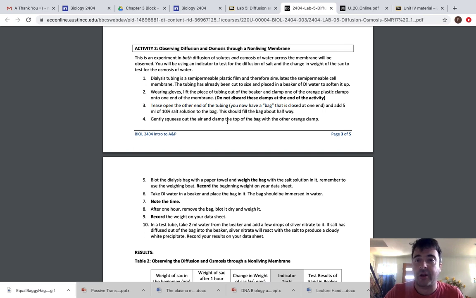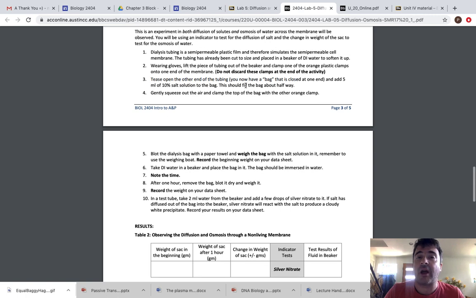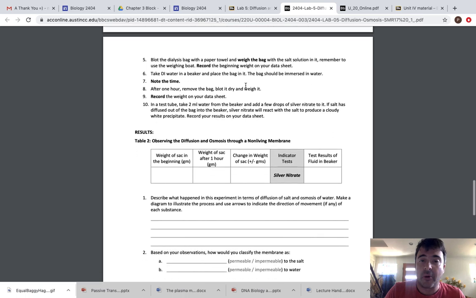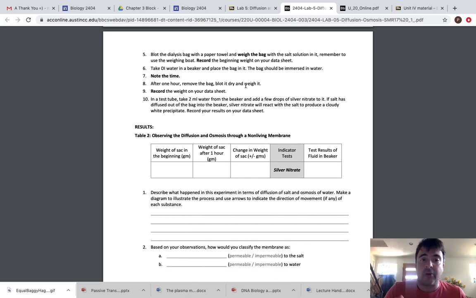You have what are called molecular weight cutoffs, and we don't know what the molecular weight cutoff is for our dialysis tubing, meaning we don't know how big a particle can be and still fit through the little holes in the tubing. So we're going to evaluate that. We're going to evaluate two things. So you can read through that, and then when you're watching the lab video, you'll have an idea.